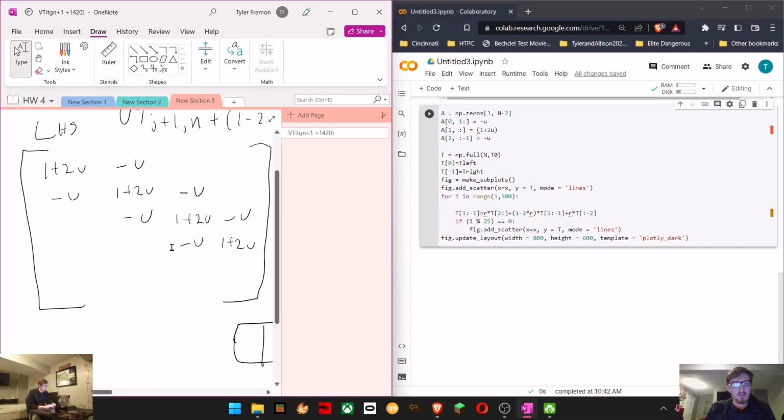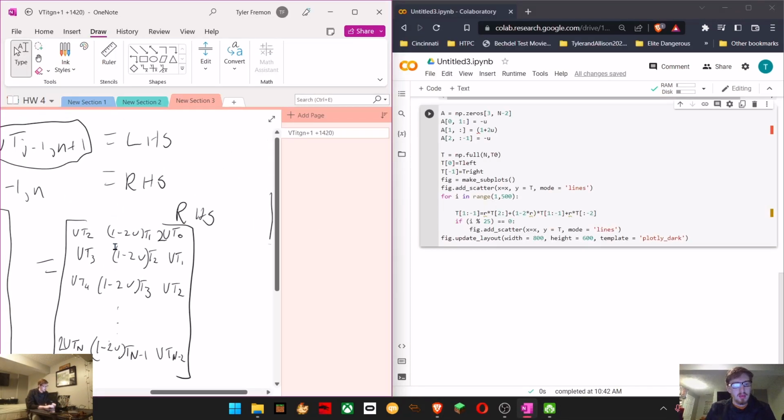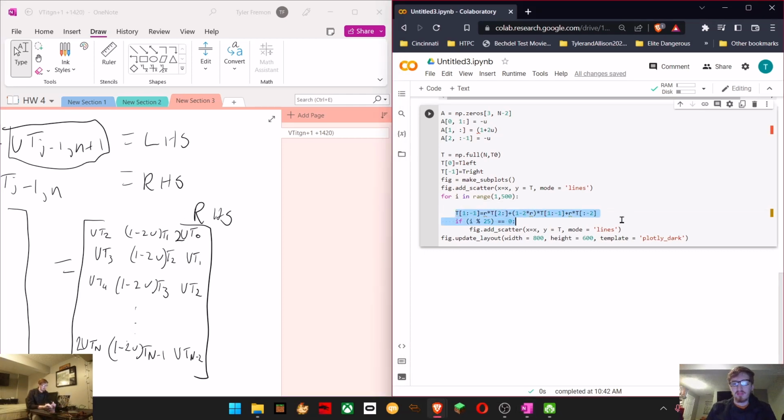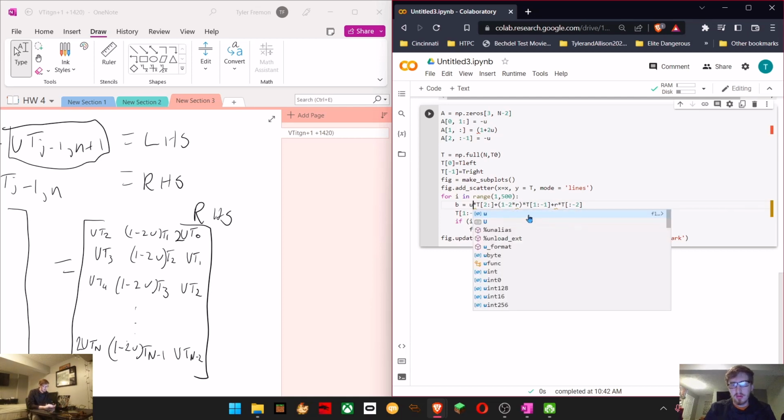So looking back at our matrix, looking at the right-hand side, there's pluses in between each of these, and it's the exact same equation as the explicit differencing that we did before, but with a matrix instead of our temperature array, and using u instead of r. So we're just going to copy and paste that, replace this with b, and then replace these with u.